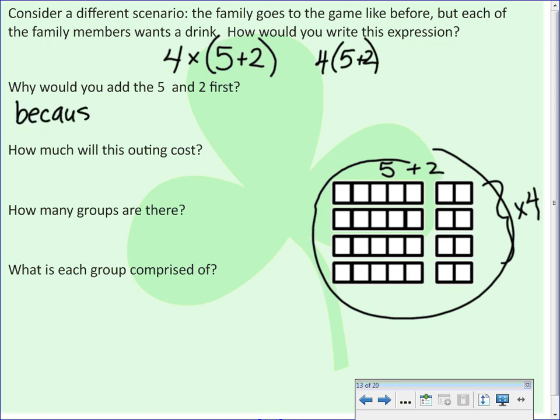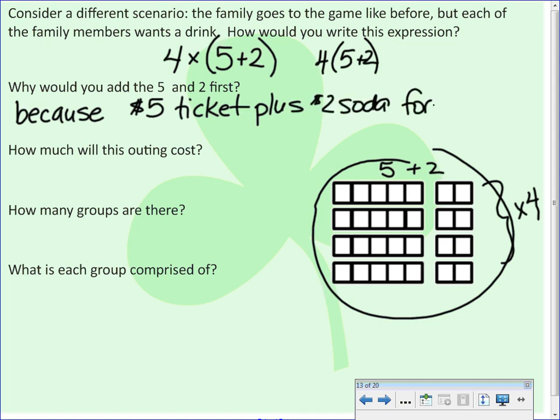Because it was $5 for a ticket plus the $2 soda for each of the 4 people. So how much does that outing cost?